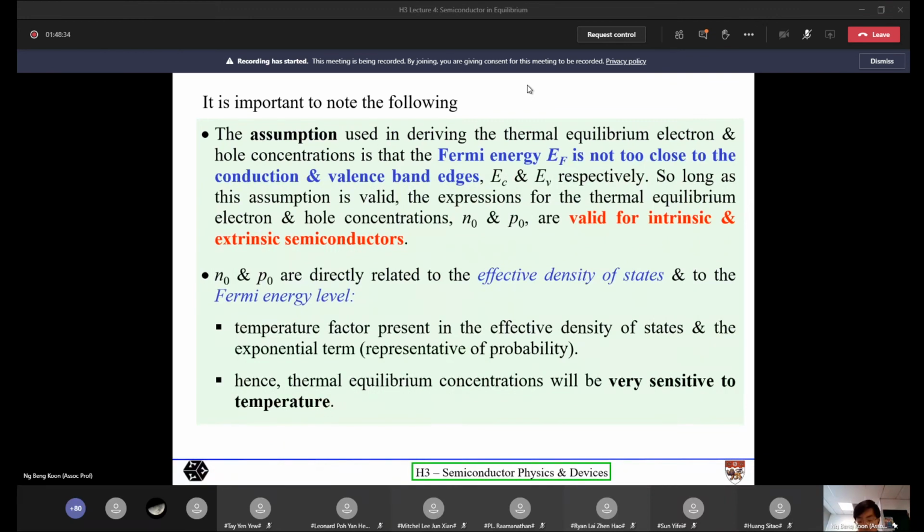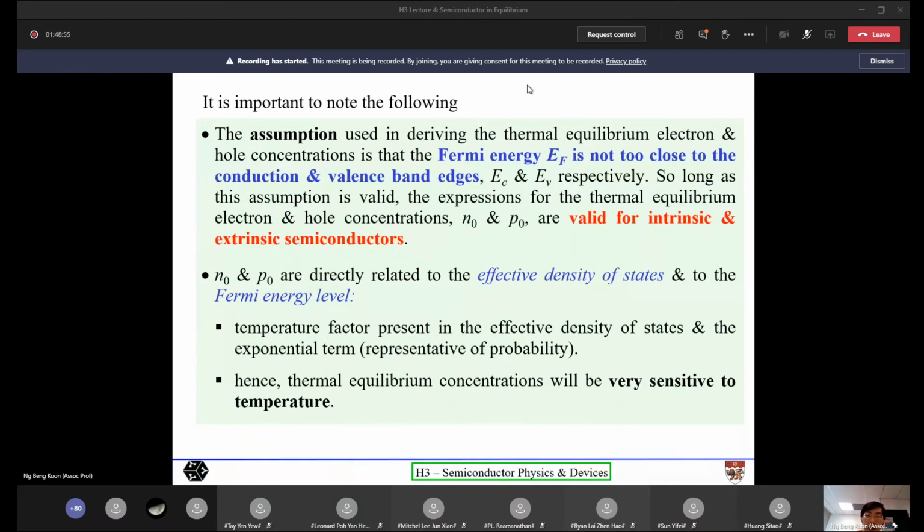Now, another important thing that you need to take note of is that in our derivation, we did not say anything about whether the semiconductor is intrinsic, a pure semiconductor, or a doped semiconductor. In other words, these two equations can be applied to both intrinsic and extrinsic semiconductors.